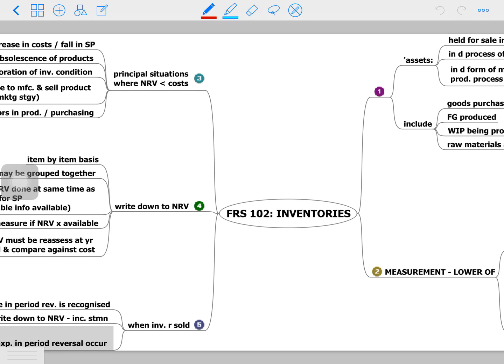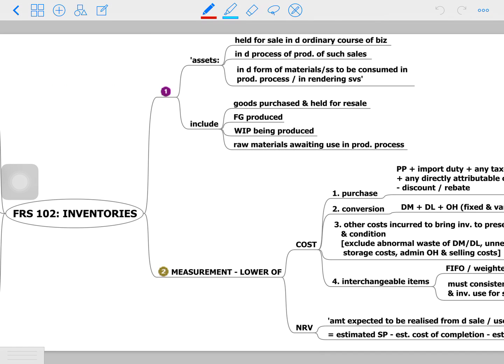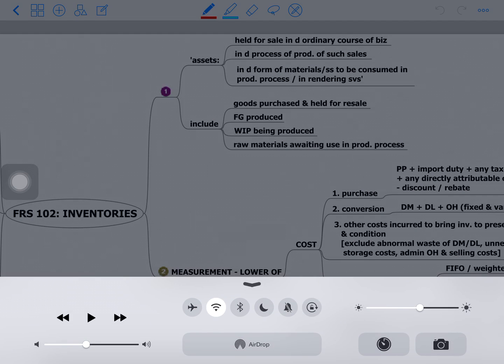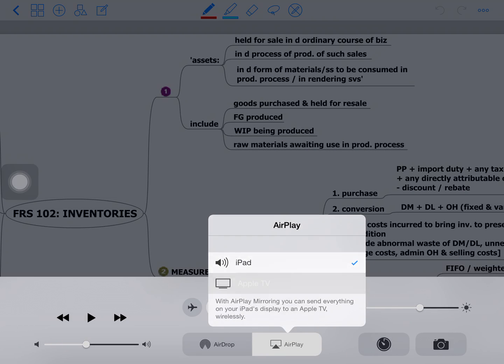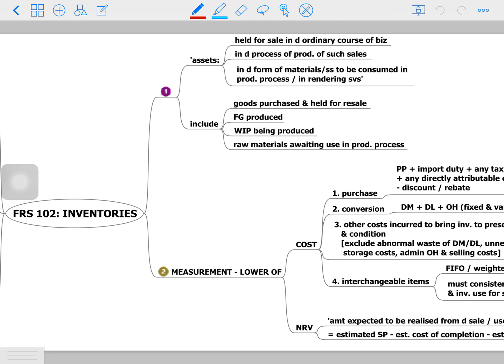First we're going to look at the definition of inventories given by FRS 102.